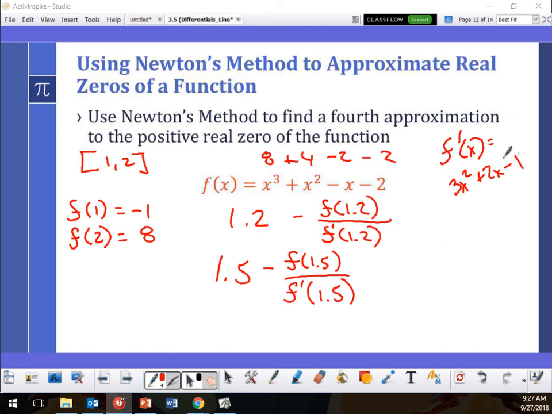For this one, the 1.2? So this gives me a positive. Or 1.5 gives me a positive. No, I said I have gotten a positive, and she said, on which one, 1.2? Yes. Okay, so it's a positive.